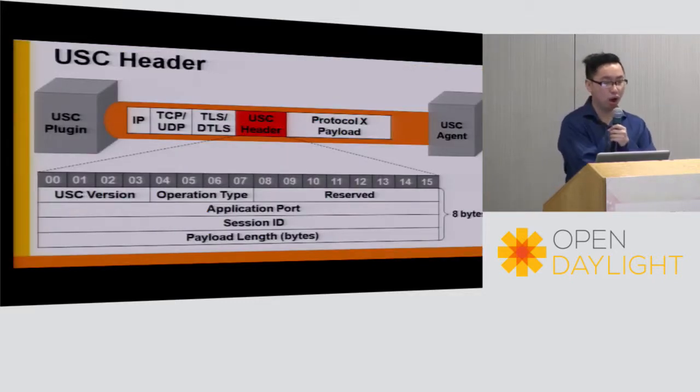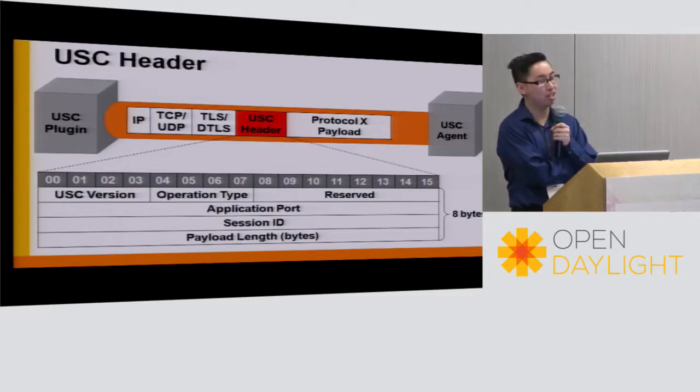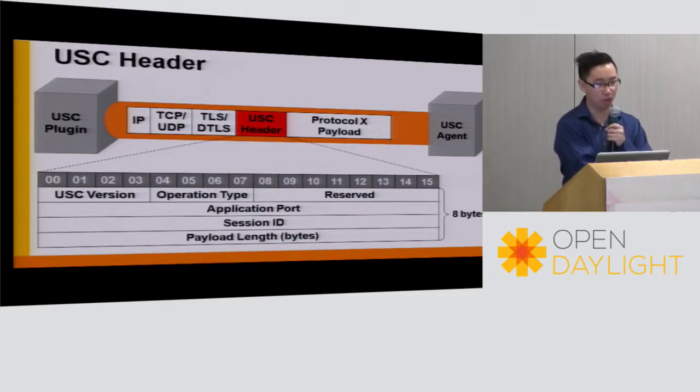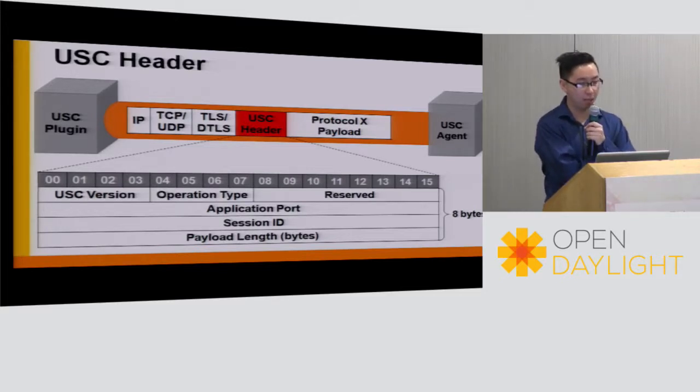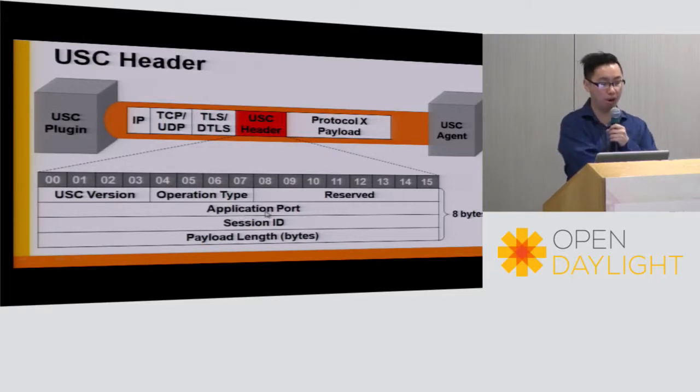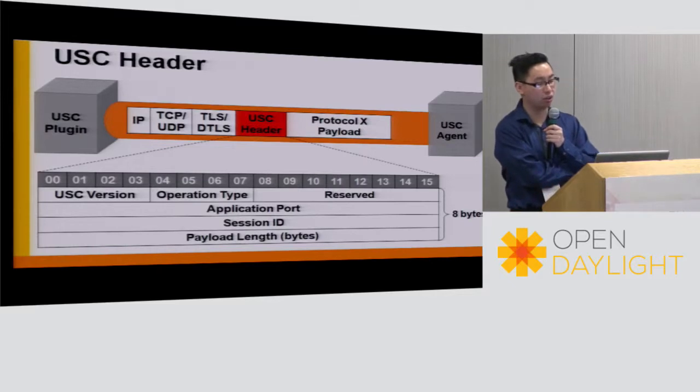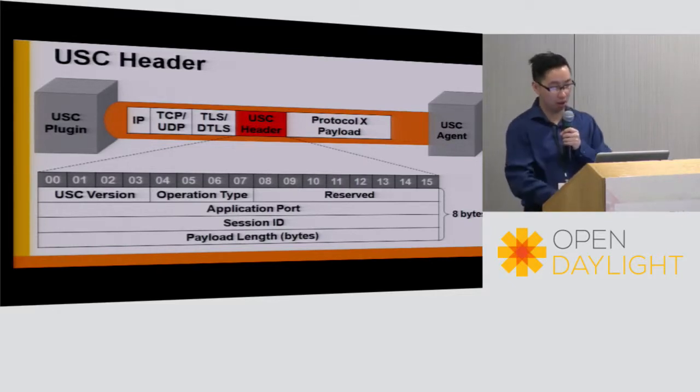Right. So what really powers USC is a header, which we defined. It's 8 bytes in size. What we do is we take the protocol payload, and we have the USC header, which defines the USC version, the operation type, the application port, the session ID, and also the length of the payload.